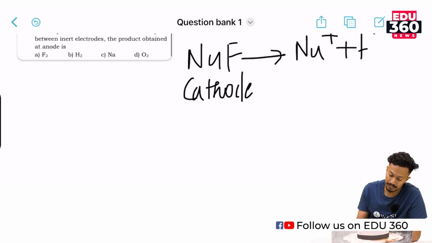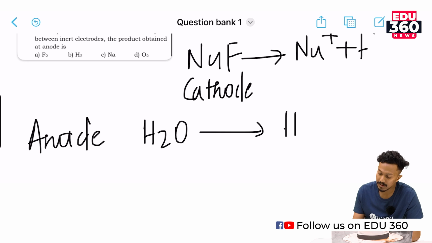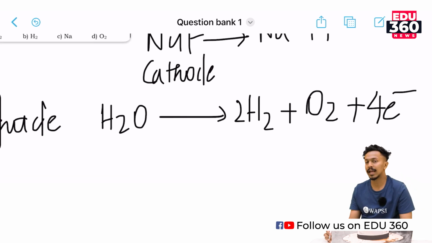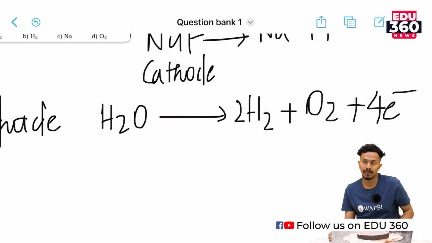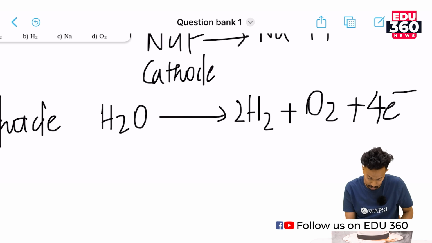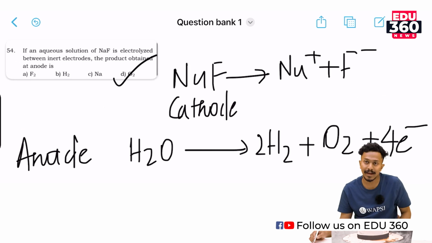But at the anode we have the oxidation of water, which happens to be 2H2O giving O2 plus 4 electrons, right? This is the chemical reaction happening at the anode side of this electrochemistry. So the answer for this question would be option D, right?